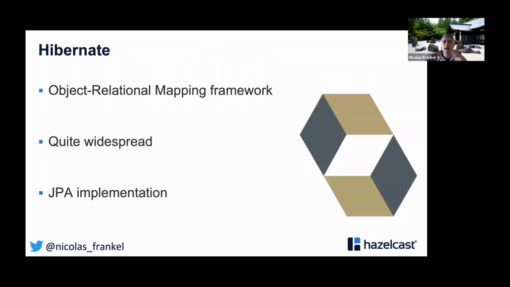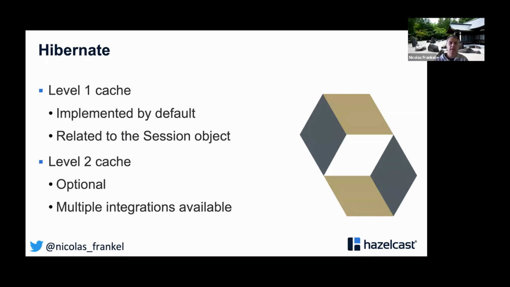First, I've been using Hibernate for a long time, the most used object relational mapping in the Java world. Now, for perhaps a decade, it's a JPA implementation as well. And Hibernate already has caches. There are 2 caches. The first one is called the level 1 cache, and it's implemented by default.